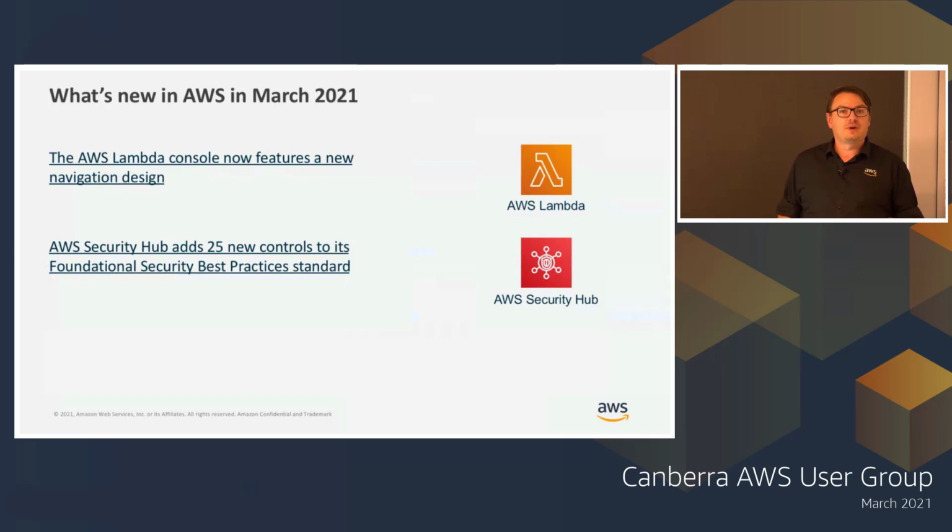If you were already running the Security Foundations baseline there, you'll just see these 25 new rules in Security Hub and starting to check and provide you that feedback. If you go and enable it now, you'll get that full set of rules for you. So Security Hub is a really great place to have that single pane of glass to provide information about what's going on in your AWS account from a security perspective. So go and check out that one if you're interested in security.